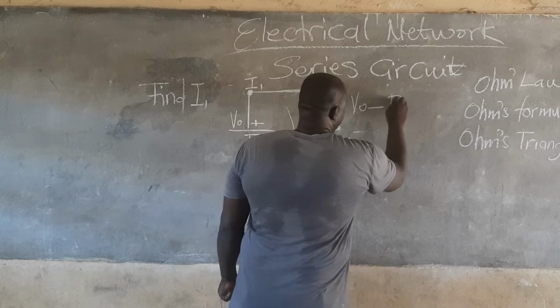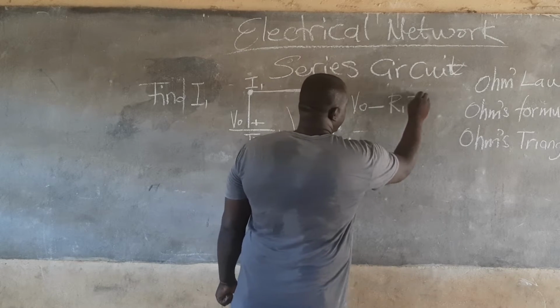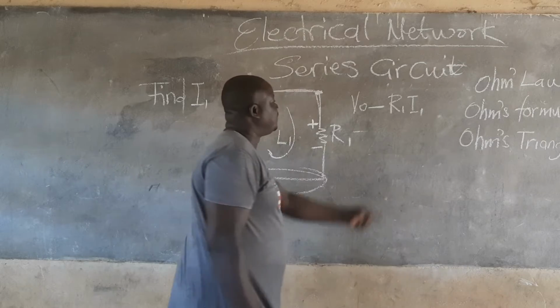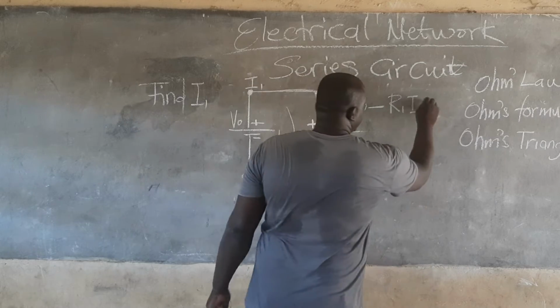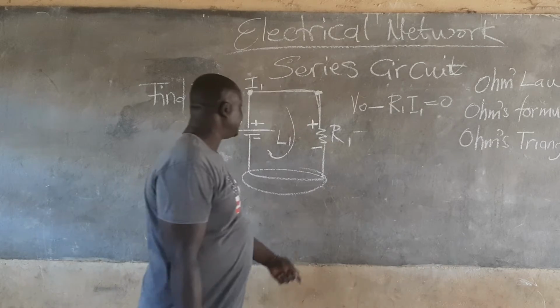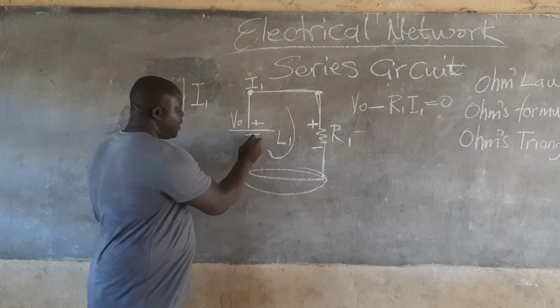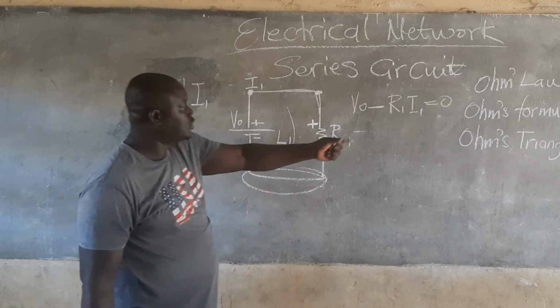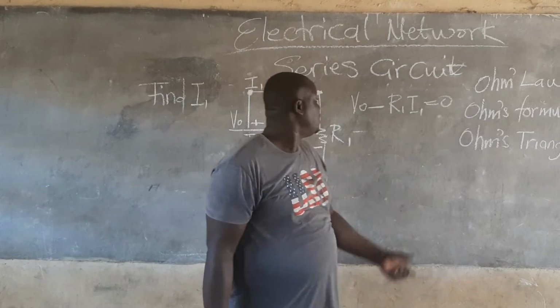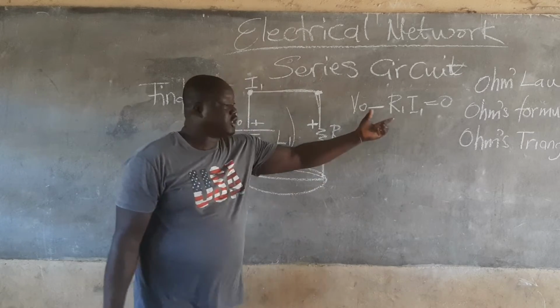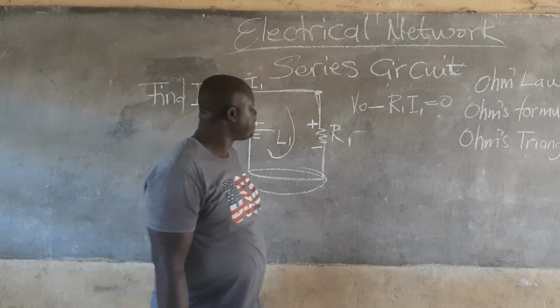So that will be negative R1 I1. So V0 minus R1 I1 is equal to 0. The reason is that when we move from here, we come to where we started, so we equate the whole thing to 0. This is what we call the algebraical equation.